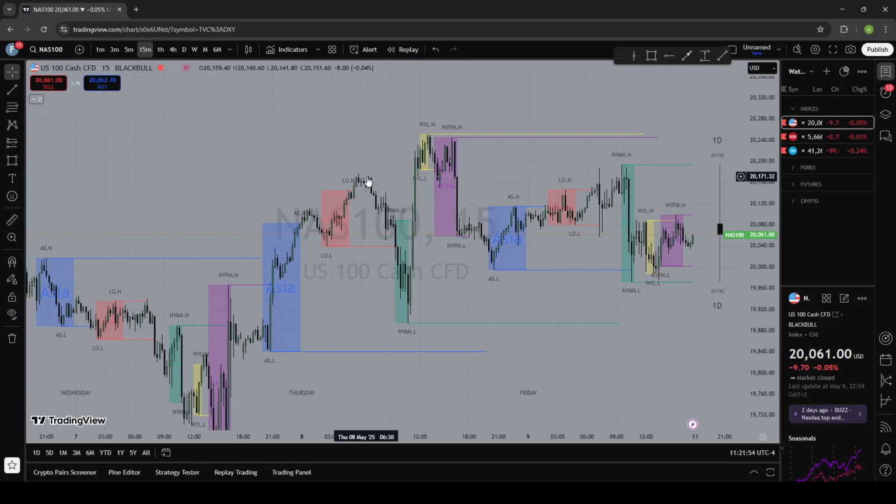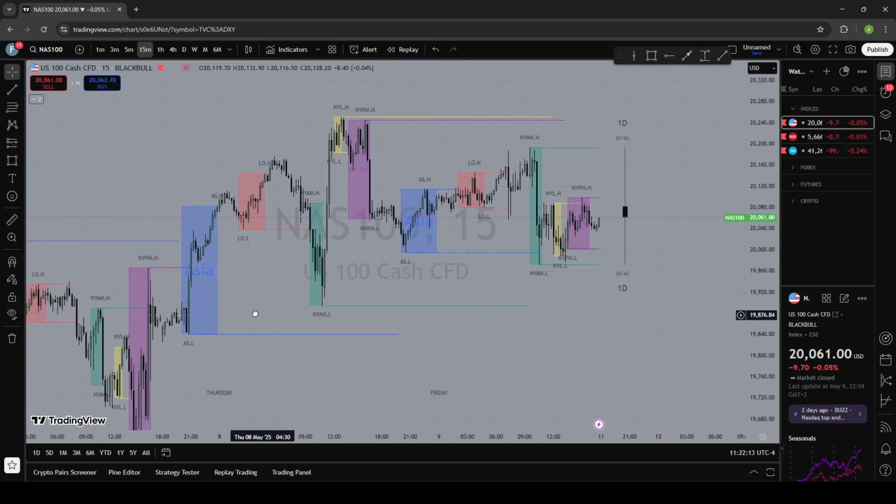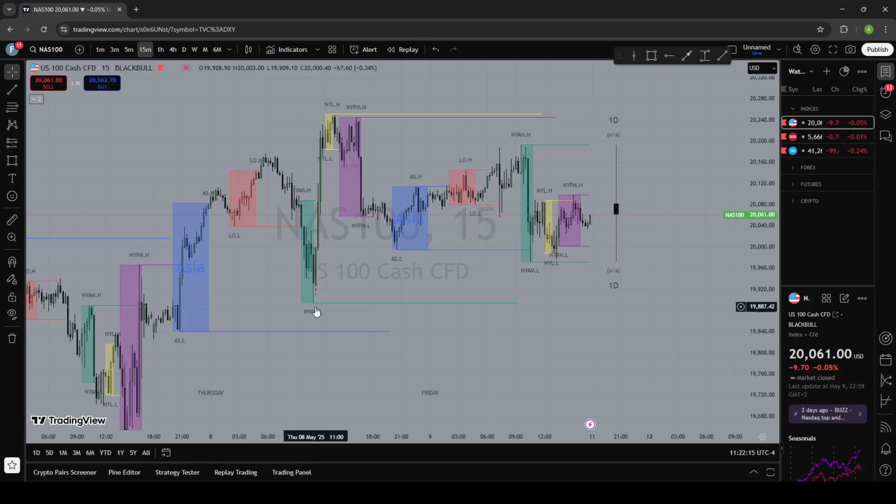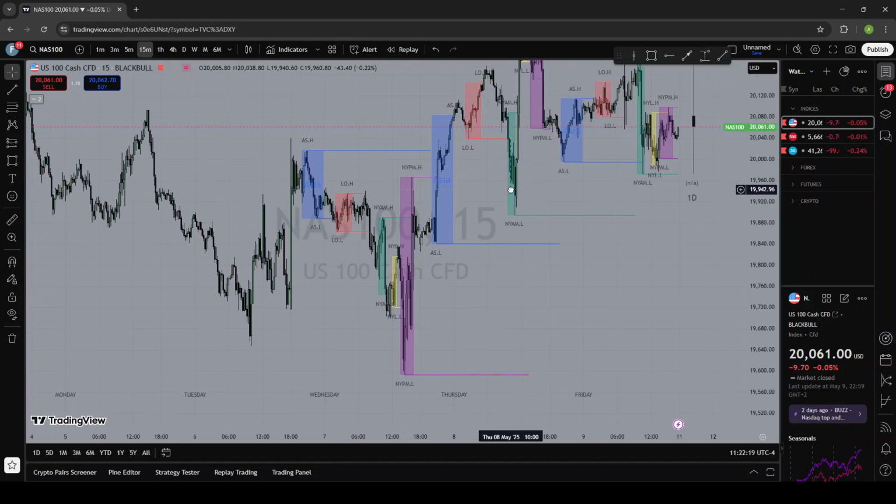I think I shorted from here down to here. Yeah, this was a very nice move. And it was a live trade actually. Not only did I break it down, I was breaking it down as I was in the trade. So yeah, that's it for the recap.